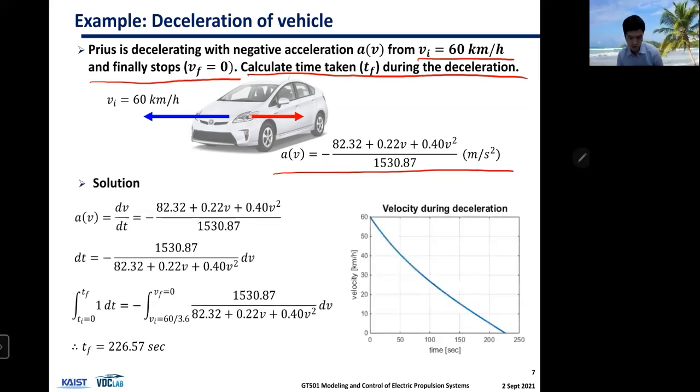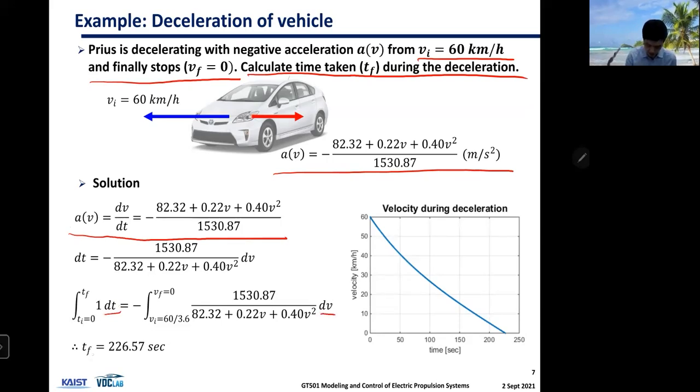And this is the solution. So we have acceleration given. So we want to integrate this over time and velocity.